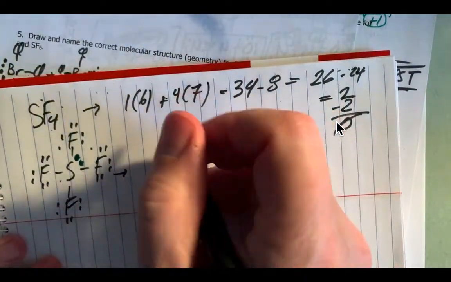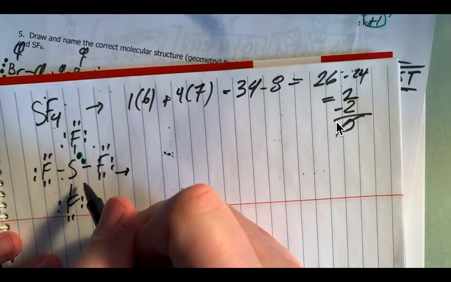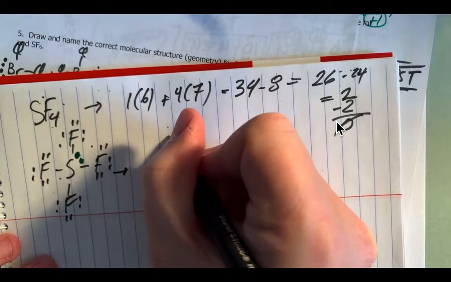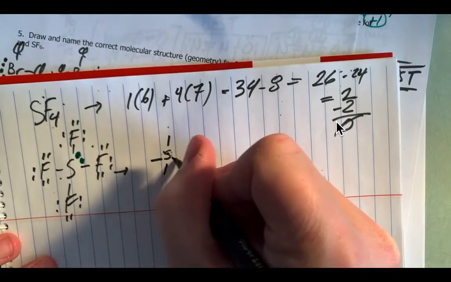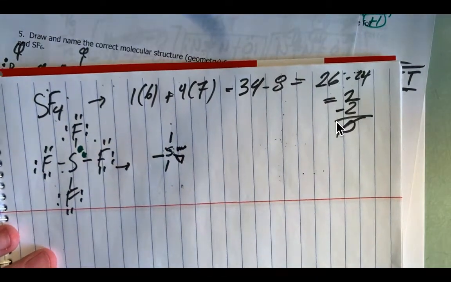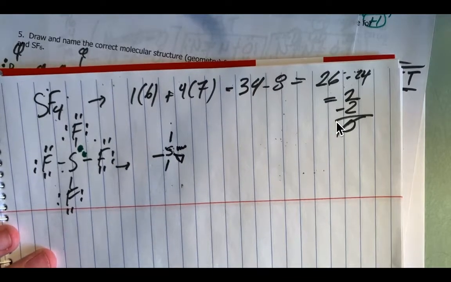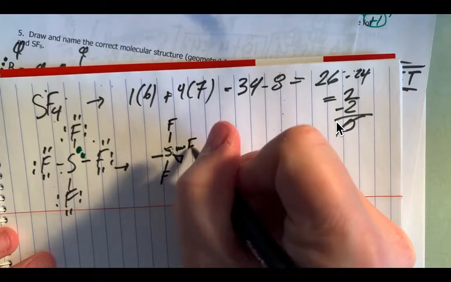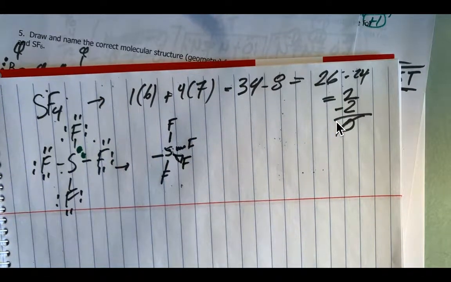From this, this is a domain of 5, 4 bonds and 1 lone pair. Sulfur, and for a domain number of 5, it's a trigonal bipyramid. Fluorines are going to go on top and bottom, and then they'll go around like that.